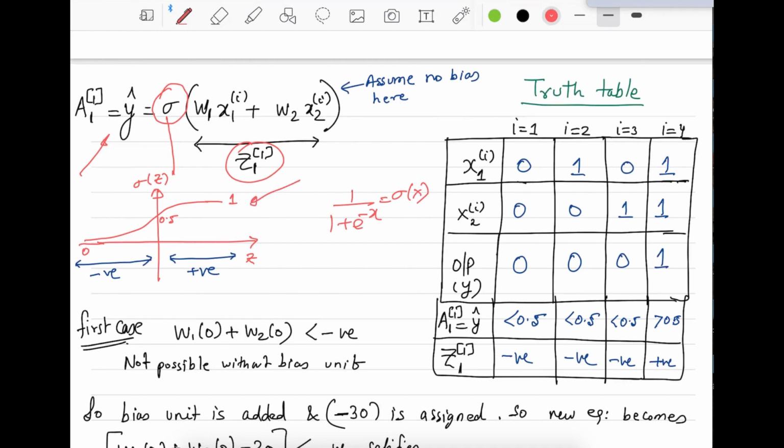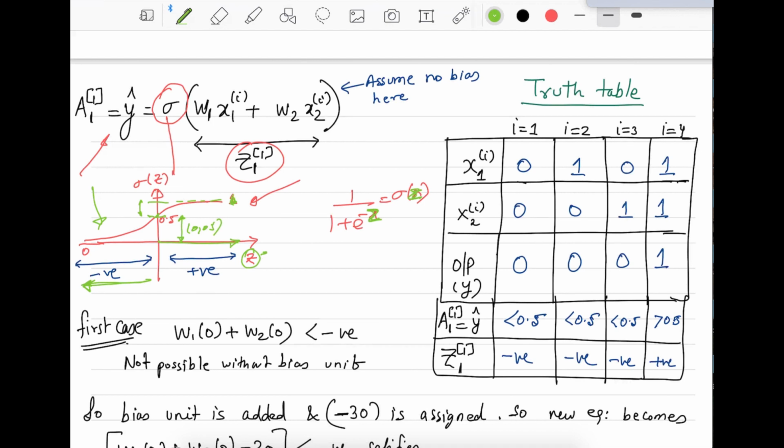An important thing about this sigmoidal function is that if z is on the positive side, the values are greater than 0.5 and lie between 0 and 1. It doesn't go exactly to 1, but it lies between 0 and 1. If you are on the negative side of z, the values from this sigmoid will be bounded between 0 and 0.5. That is quite obvious from this diagram.